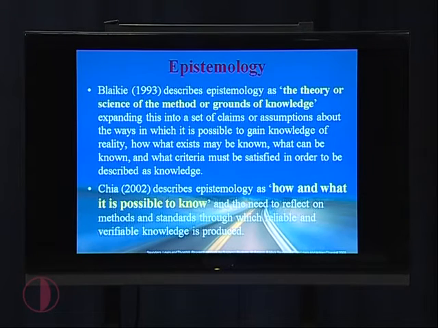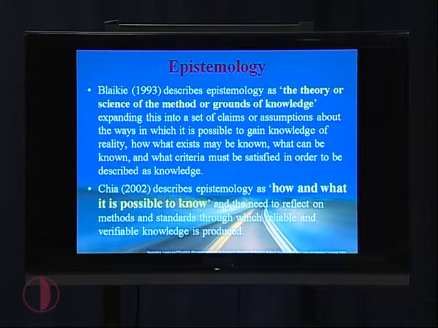So expanding this into a set of claims and assumptions, attitudes and beliefs: how what exists may be known, what can be known, and what criteria must be satisfied in order to be described as knowledge, because it has to be systematic, logical knowledge, not a fiction.